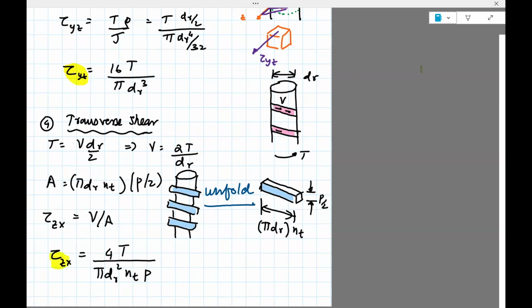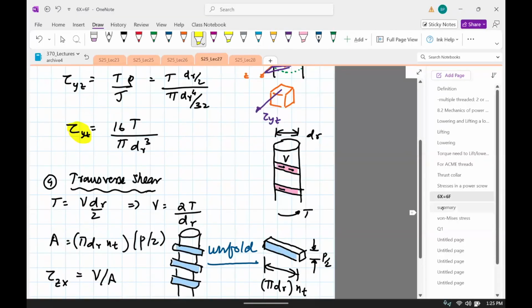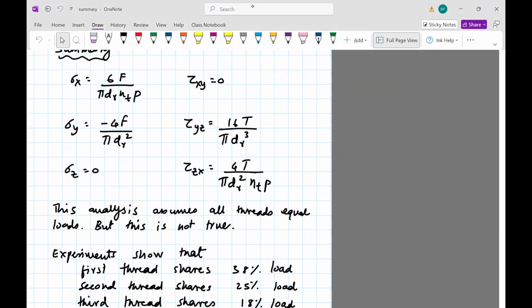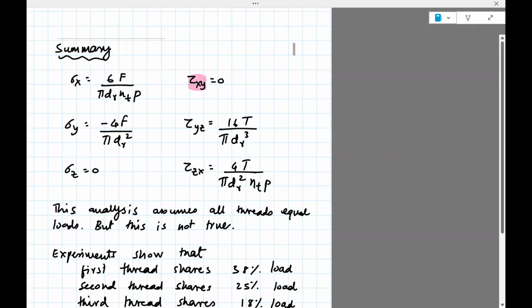So there are 4 non-zero stresses, which I will next summarize. Here is a summary. So there are 6 stresses. There are 2 which are 0, tau xy and sigma z. Now, there is a big assumption here.